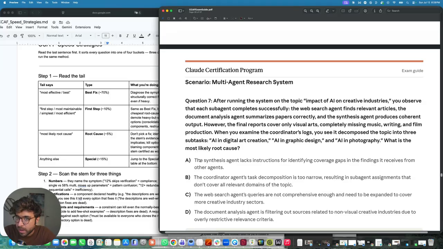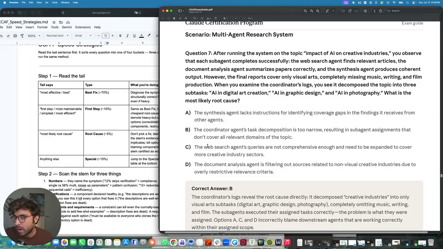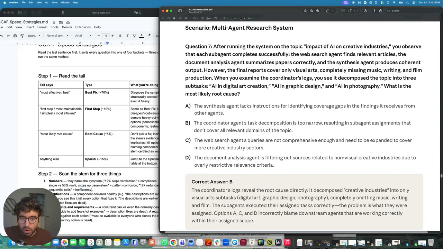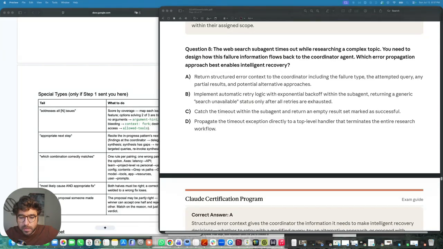Blaming a sub-agent can't be correct. Answer 4, document analysis agent is filtering out sources related to non-visual creative industries due to overly restrictive relevance criteria. Can't be that one. Blaming another sub-agent. Got to be answer B. Let's go ahead and check if that's right, and it is. All right, let's move on.